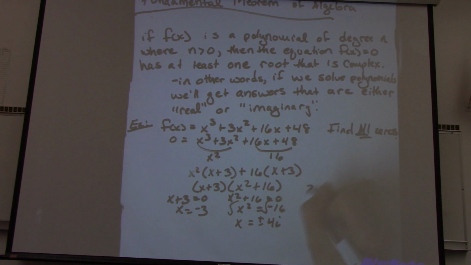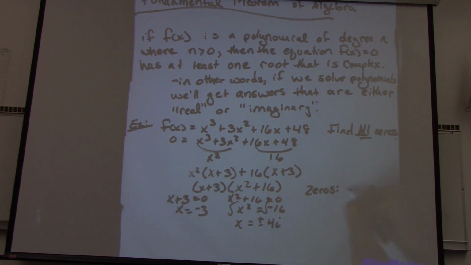Which means that your zeros are going to be negative 3, 4i, and negative 4i. Now, if you did plus or minus 4i, that's fine. Realize on any of your testing, they're going to split them. Okay? But I also want you to recognize when you do plus or minus that you have 3 answers here.